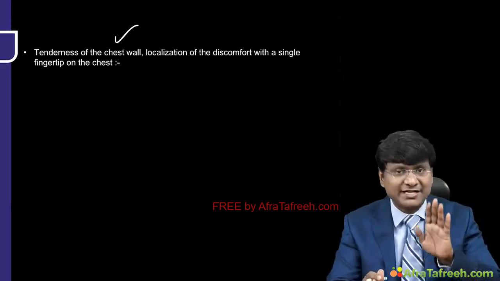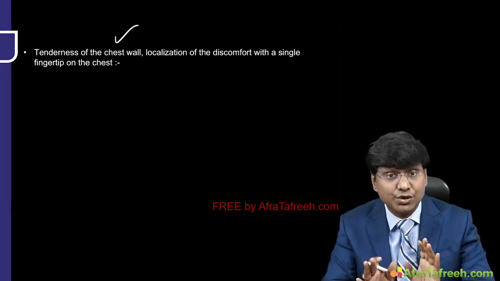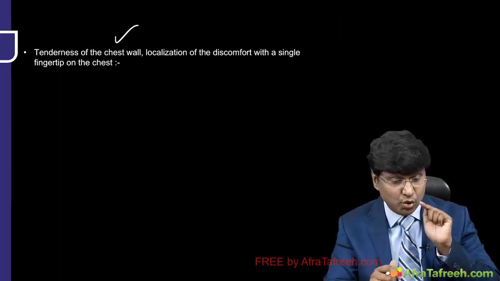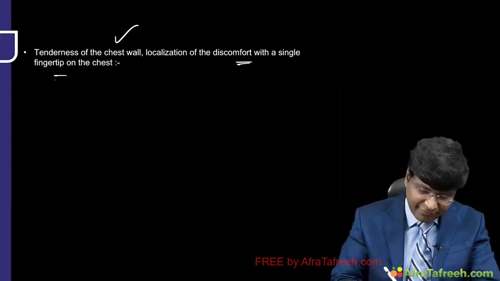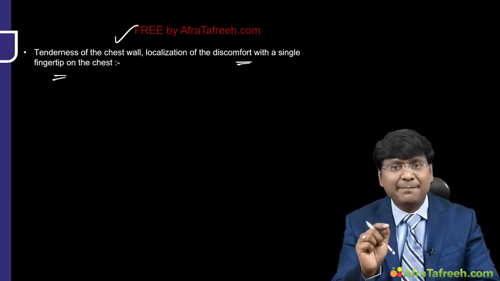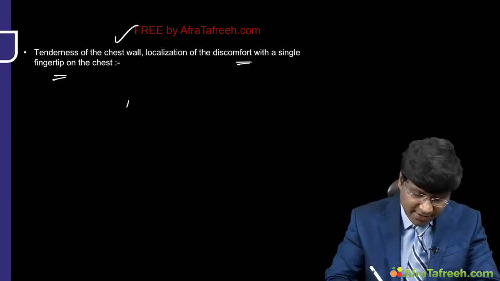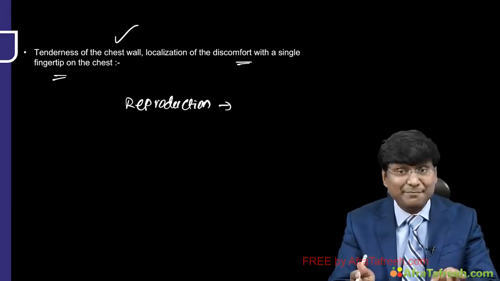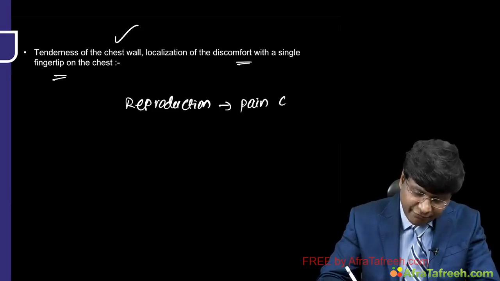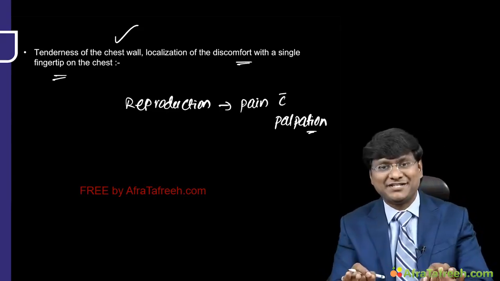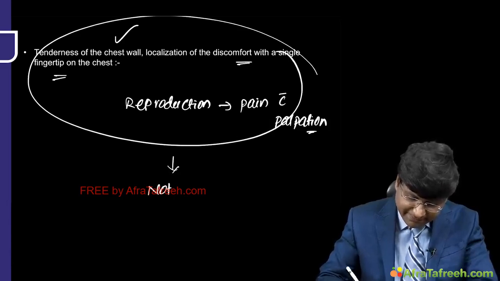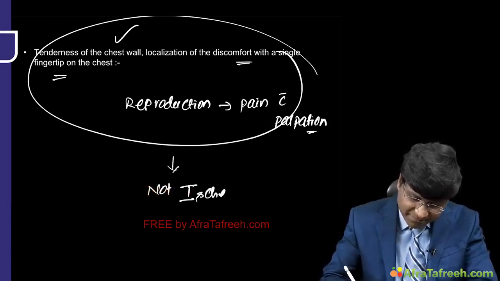Next thing is, you need to test for tenderness of the chest wall. You see here, if there is tenderness on the chest wall, if there is localization of the discomfort with a single fingertip on the chest, or if there is reproduction of pain with palpation, remember, all these are not the pain of ischemia.